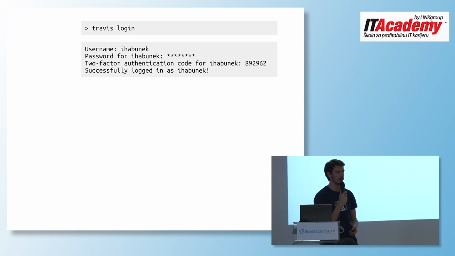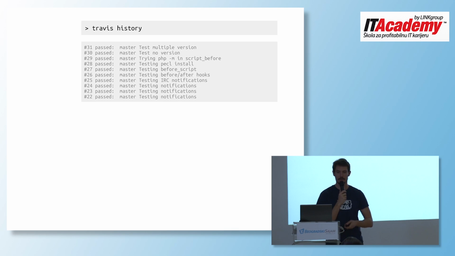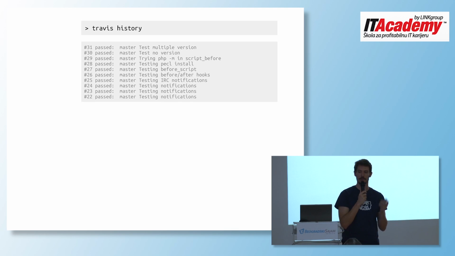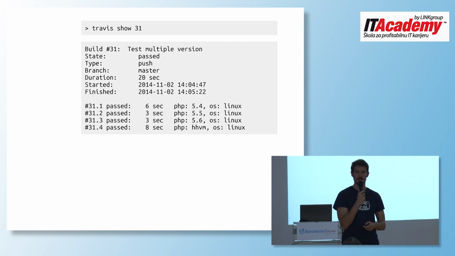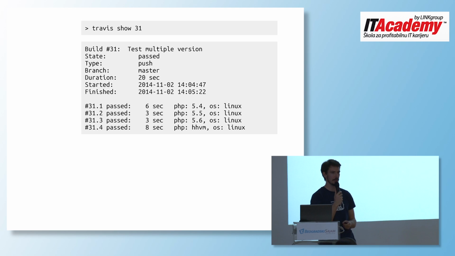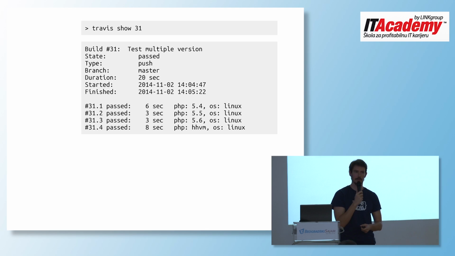It supports GitHub login, even 2-factor authorization, which I find cool for a command line client. And again, you can list builds and see how a certain build turned out, and so on. You can also cancel builds and restart builds if you're authorized. It's a nice thing to have.